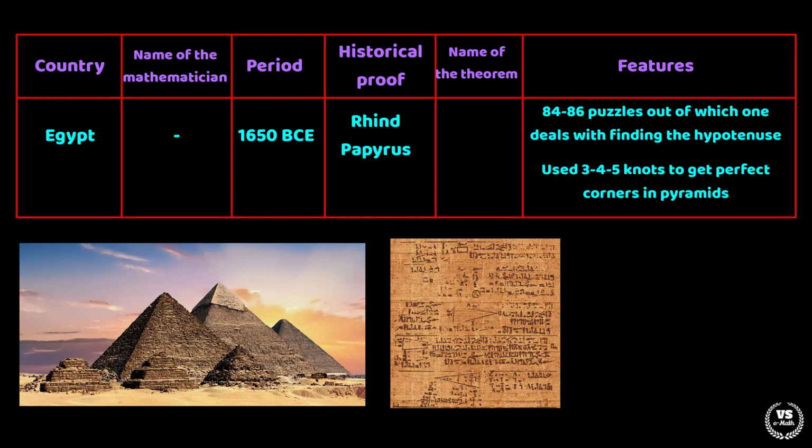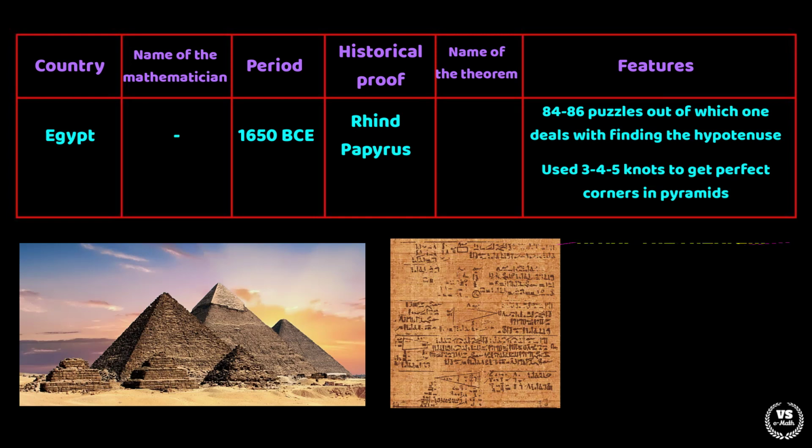Also, they used 3 knots, 4 knots and 5 knots in a rope, which would guarantee a perfect right triangle. They used it to get perfect angled corners in their pyramids.